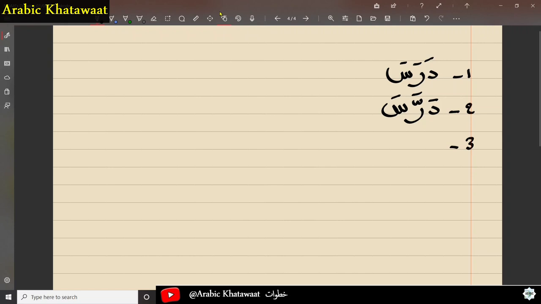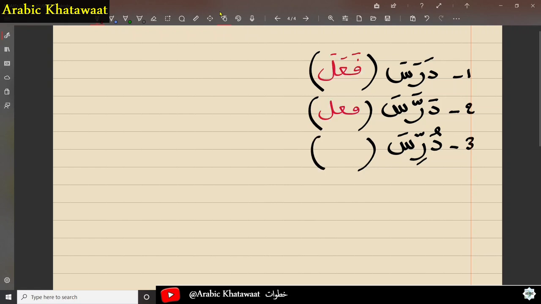And the patterns, I'm going to put them right here, that way you can see the short vowels, or how the short vowels agree. So fa'ala would be darasa, and then we're putting fa'ala as a reference to the root letters. Then we are transferring the exact same short vowels that the verb took. So da, ri, sa: fa'ala, fa'ala, fa'ila.